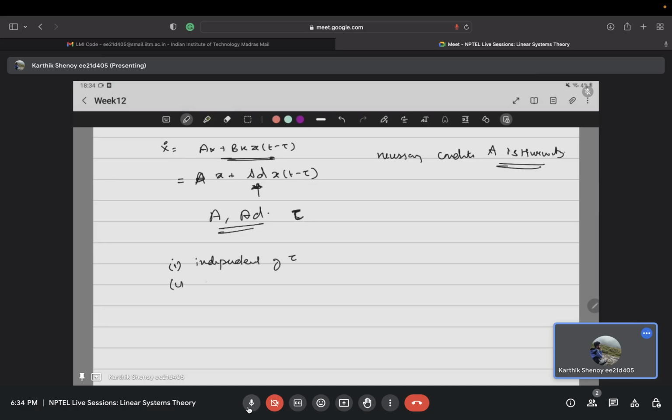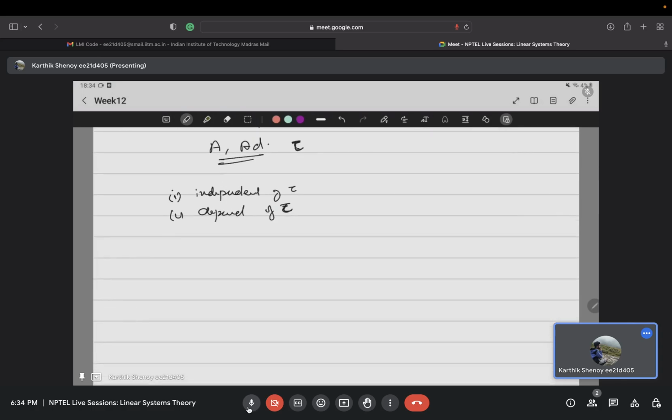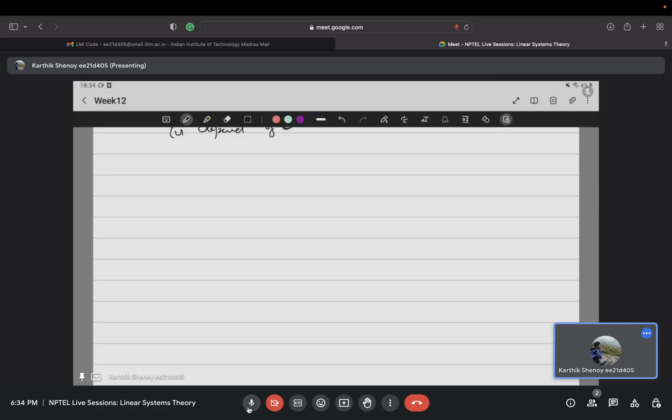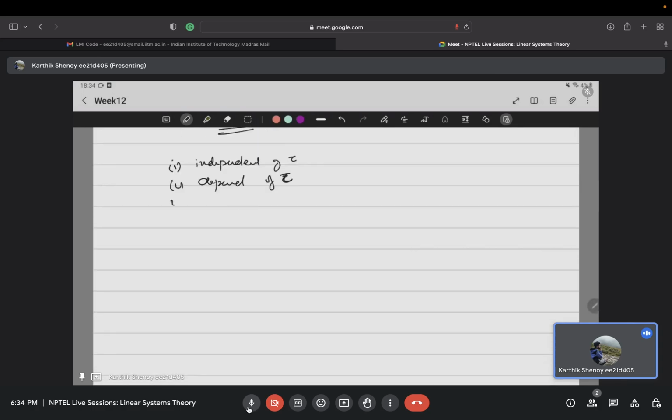And the second, depending on delay, there is a stability margin. It's called a delay margin, and that's where you have all your phase margin, so that you can incorporate more delay in the system. So you have some delay margins also. In some cases the delay is time varying.